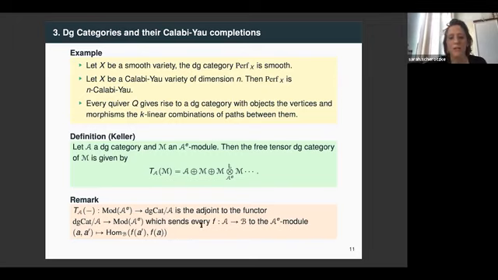That defines an A^e module. The free tensor DG category is the adjoint of producing a bimodule out of a morphism from A to B.